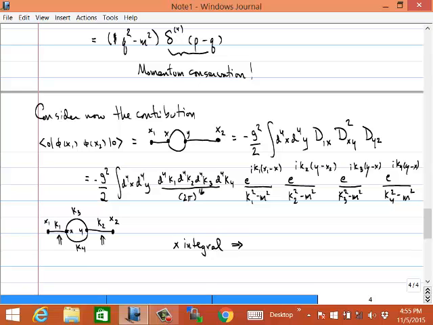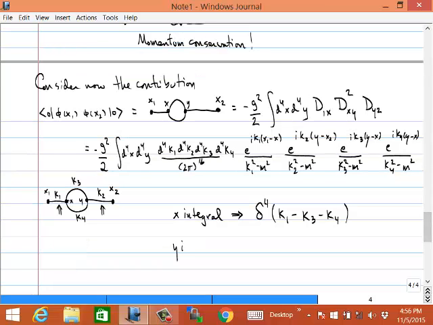So the x integral then is an integral e to the i x times k1 minus k3 minus k4. So that x integral gives you a delta function that sets k1 equal to k3 plus k4. And similarly, the y integral is an integral e to the iy times k2 plus k3 plus k4.